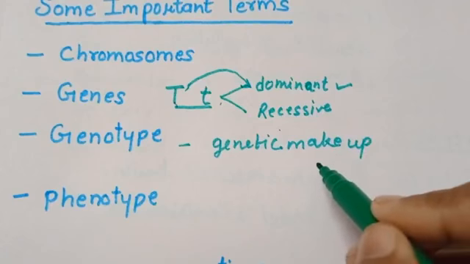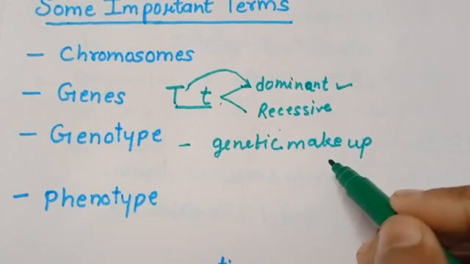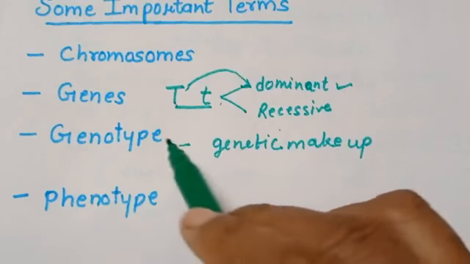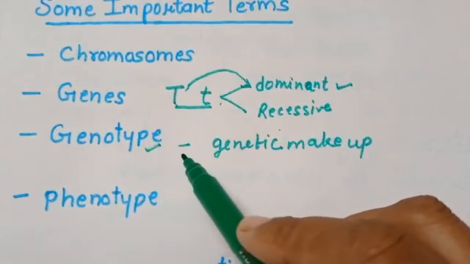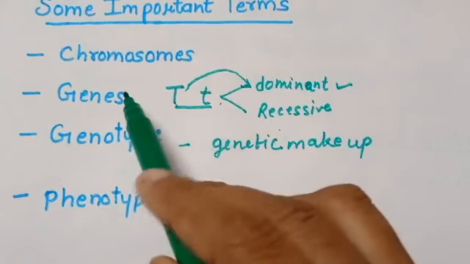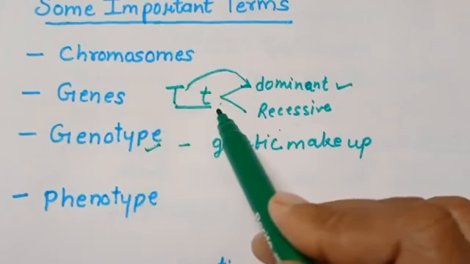It can also be explained as the combination of genes in an organism. The genotype is also represented by a pair of letters. For example, here the pair of genes was capital T and small t.